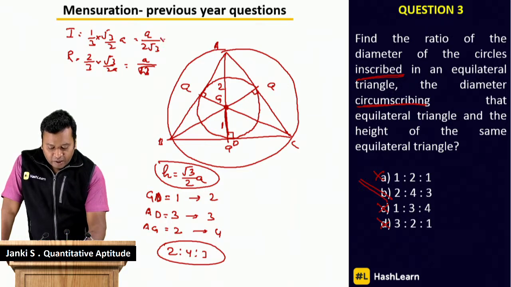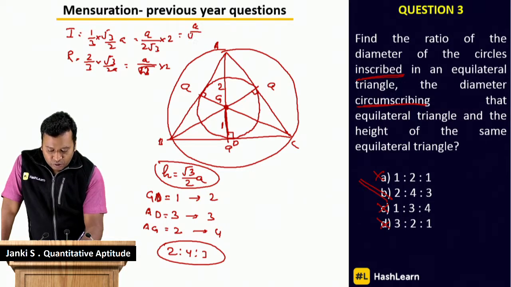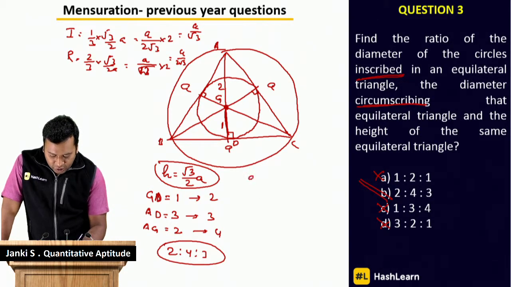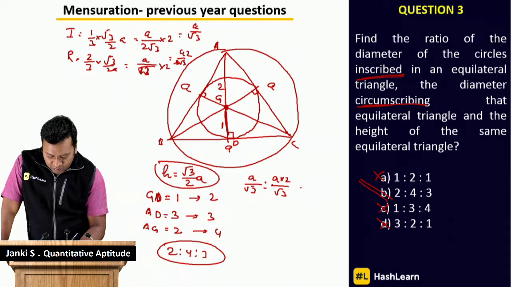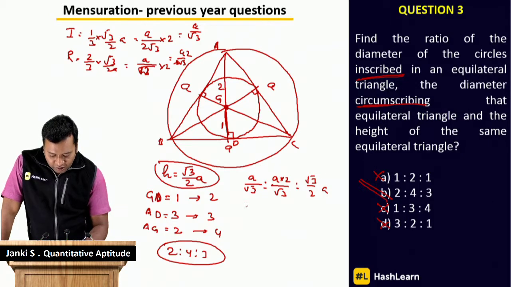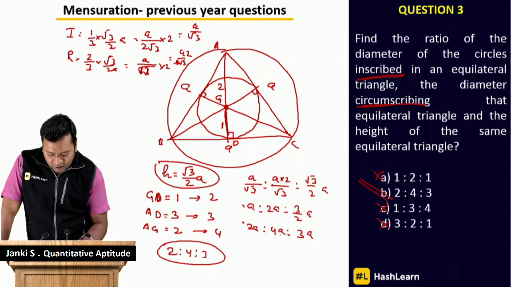अब इनको डबल करना पड़ेगा बिकॉज आई वांट डायमीटर. सो ये वैल्यू जो हो जाएगा a डिवाइड बाय √3 और ये हो जाएगा a डिवाइड बाय 2√3, राइट? सो अब मुझे चाहिए रेशियो a/√3, it's a into 2, 2a by √3 and √3/2a, राइट? तो अब इनको इधर शिफ्ट कर देते हैं. ये हो गया a, ये हो गया 2a और ये हो गया 3/2a, विच इज नथिंग बट 2a, 4a and 3a, right?